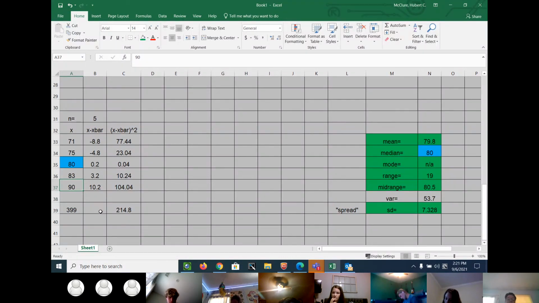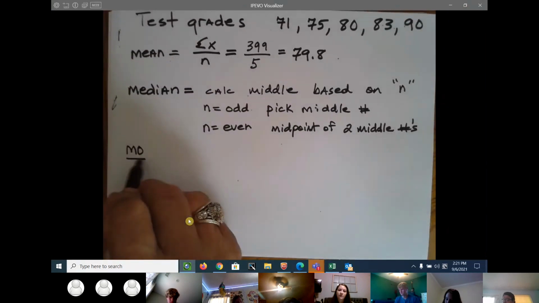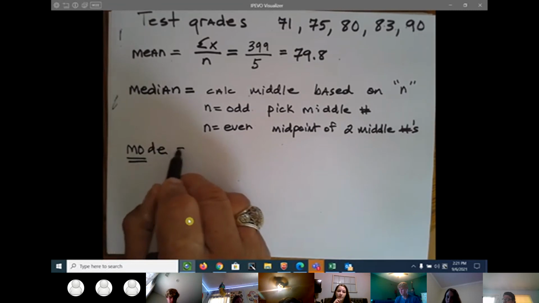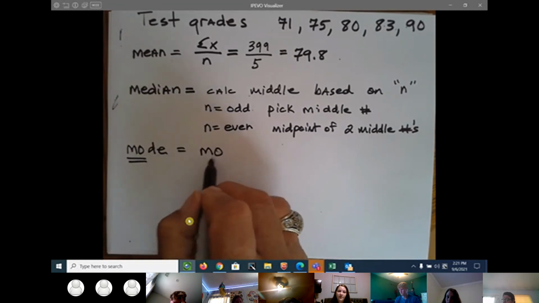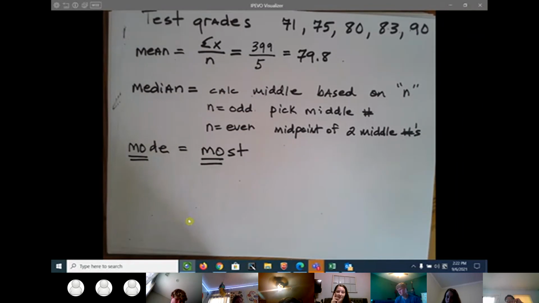Mode. What is the mode? Anybody know? It's a number that shows up what? The most. Good job. The most. And you can have more than one mode.